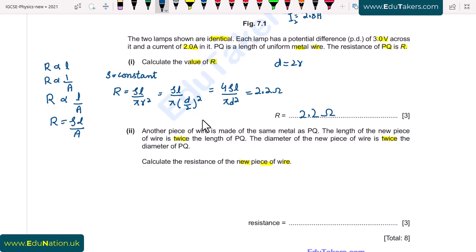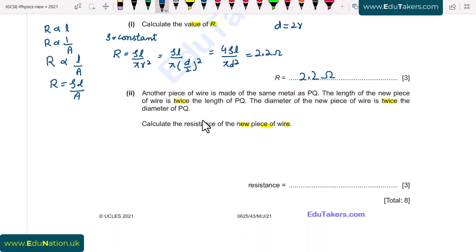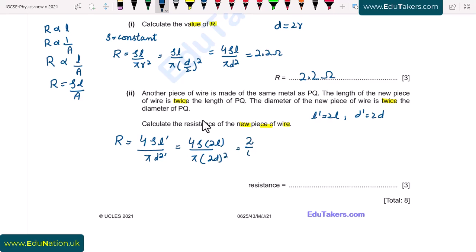But now the values are changed, the length and diameter double. So I write here R is equal to 4 rho L prime, that is new length, over pi d prime square. L prime is equal to 2L and d prime is equal to 2d. So 4 rho 2L over pi 2d square, and it comes to be 1 over 2 times 4 rho L over pi d square.